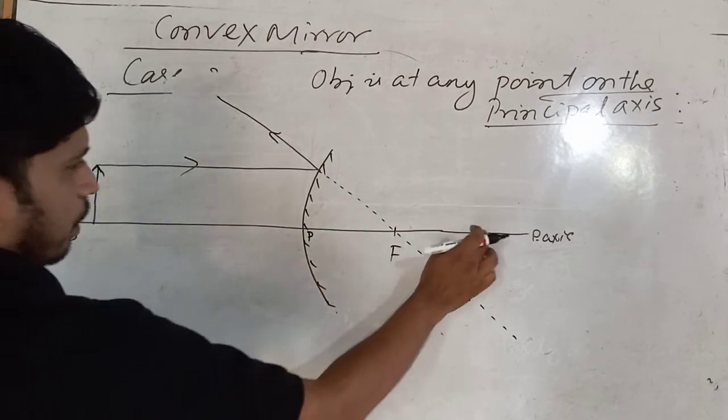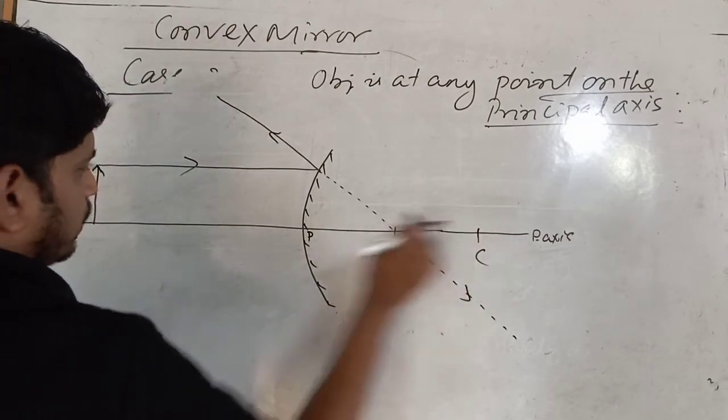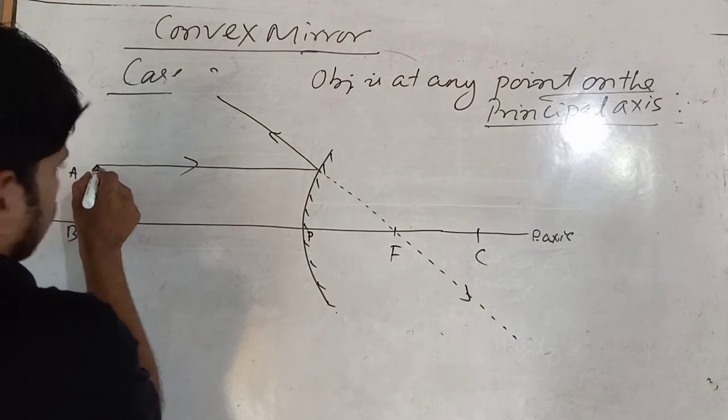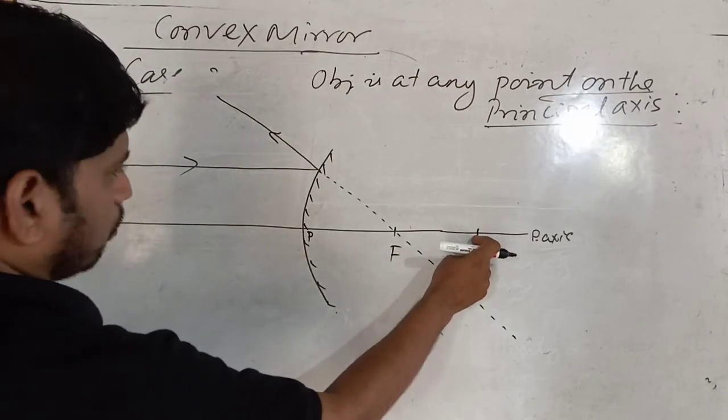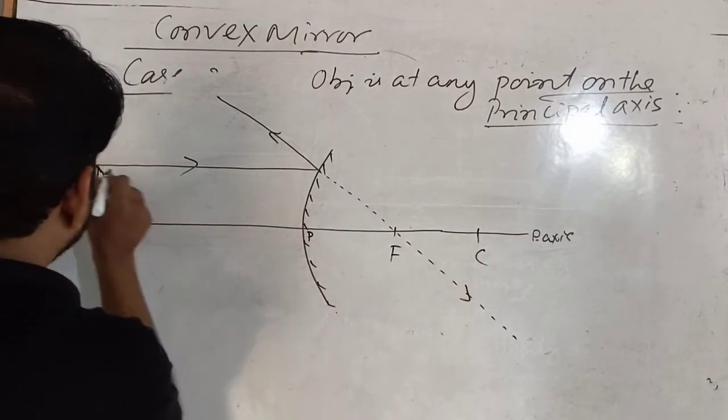Another ray will come toward C, the center of curvature.